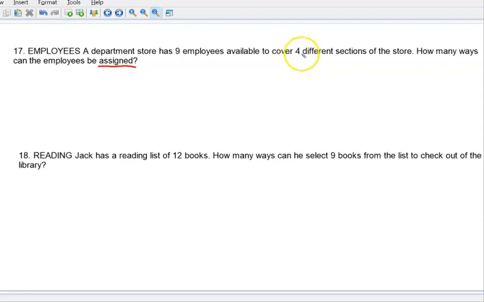So we've got 4 different sections of the store, and we've got 9 different employees available to cover those. And so we're going to assign these employees, 1 employee per section. So this is going to be a permutation.